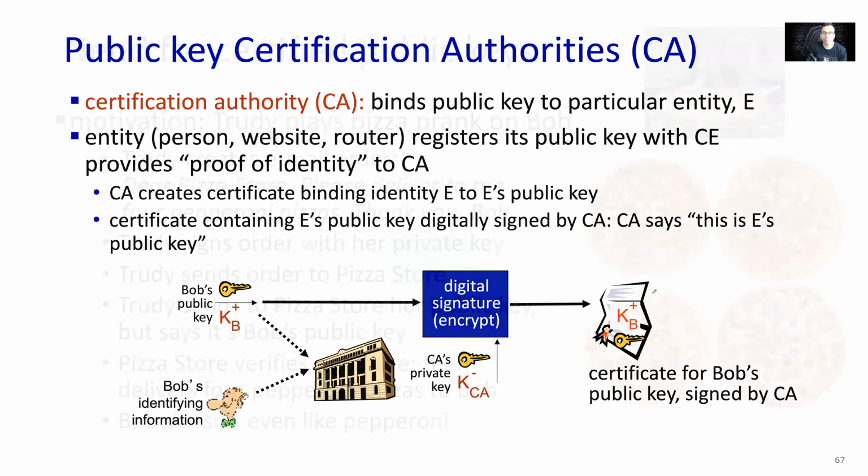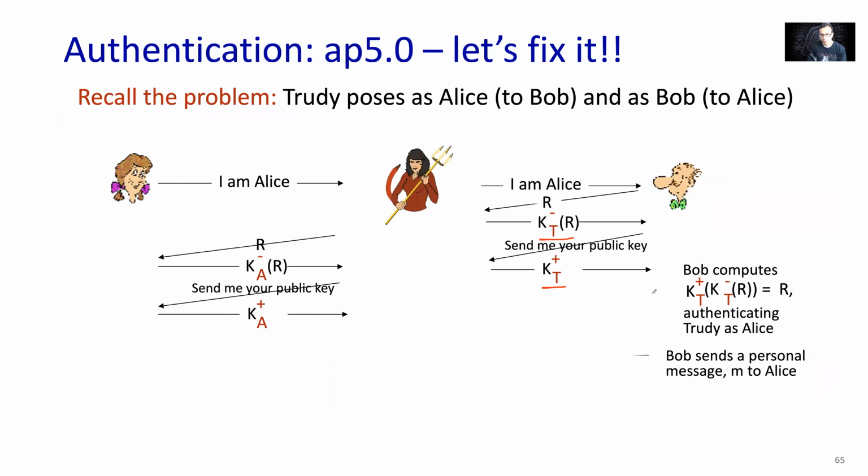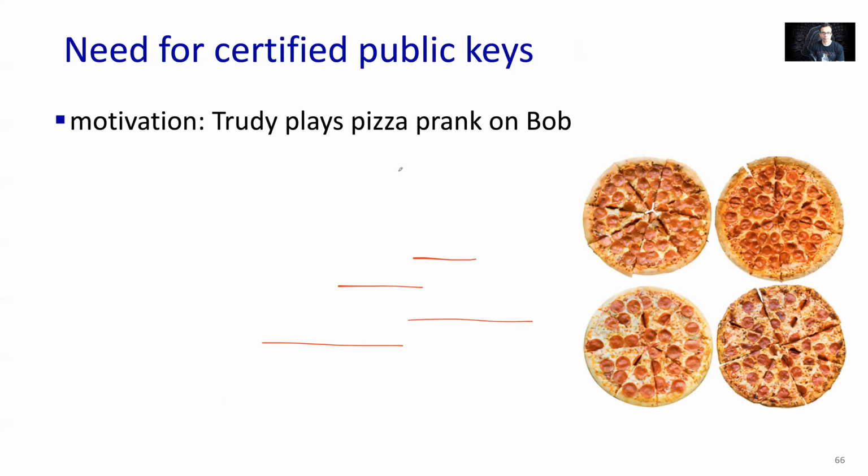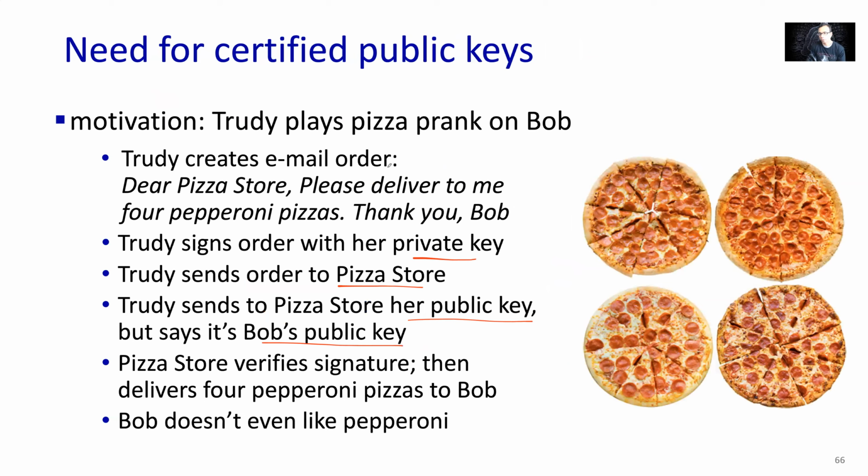If you go back to the man in the middle problem, imagine these were certified keys. When Bob checked this key, that check would reveal to him that this was actually Trudy's key and not Alice's key. So it would immediately avoid this sort of attack. And the same thing here, it would avoid this attack because the pizza store could check that this does not belong to Bob. This public key actually belongs to Trudy.